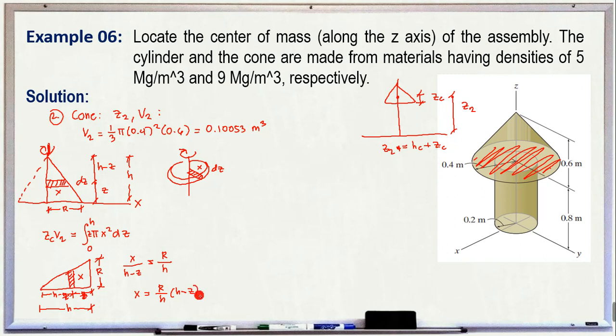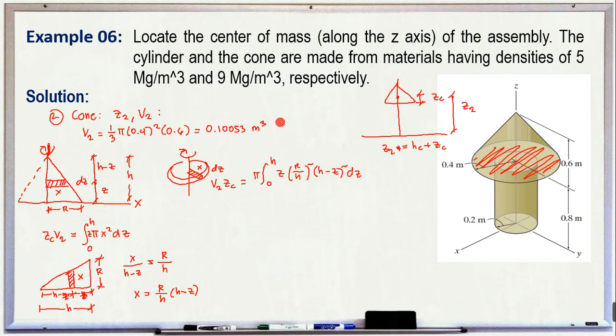Now, plug in the values. So we have zc equals pi integral 0 to h of z times r over h squared times h minus z squared dz. I forgot to write V2.